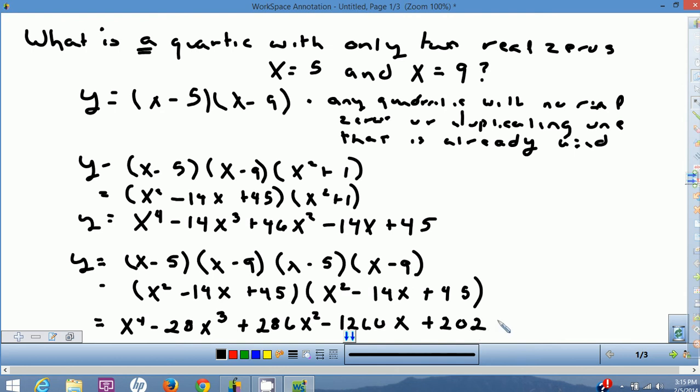Which one of them looks like it was the easier way to do this problem? Yeah, using these imaginary factors sure makes your problem a little smaller, a little easier to do. But you could also duplicate zeros that were already there. So there are lots of correct answers to that problem. Don't let it confuse you that there are many, many correct answers. So we could find a quartic knowing two of the zeros and knowing that there aren't any other zeros in my polynomial.